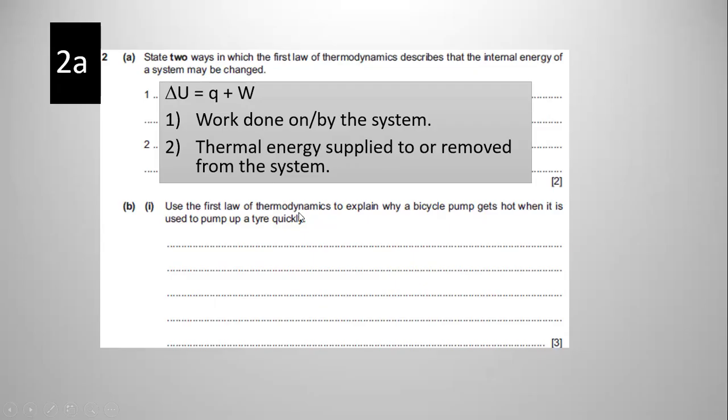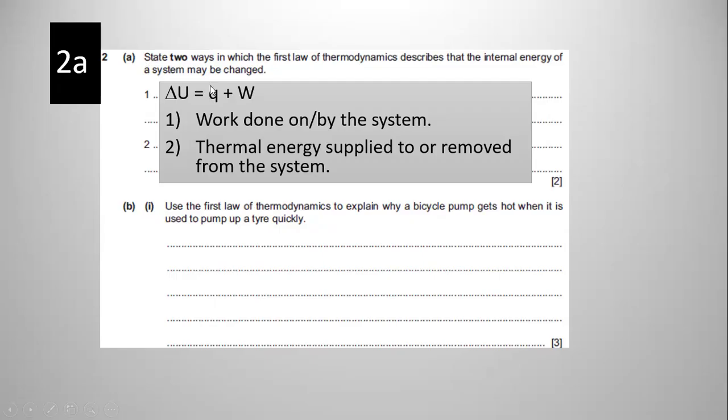Use the first law of thermodynamics to explain why a bicycle pump gets hot when it is used to pump up the tire. Okay, do you want to try? The process happens very fast, so no thermal energy is transferred to the system. Okay, work done goes to increase the internal energy, no?